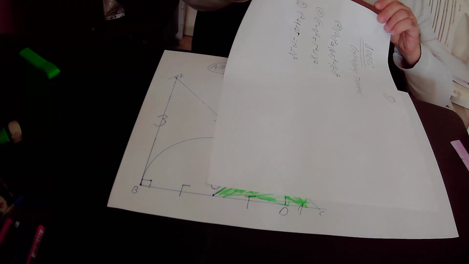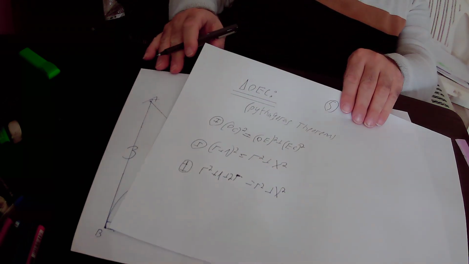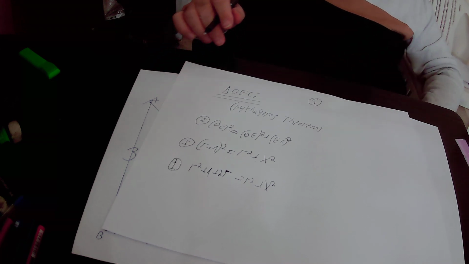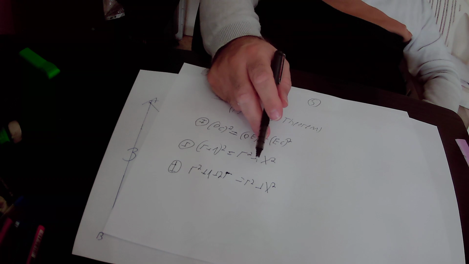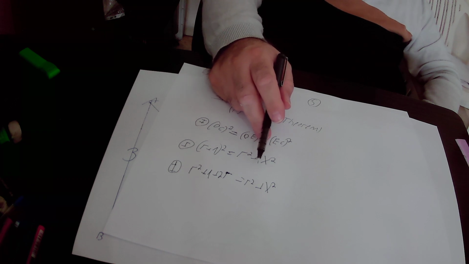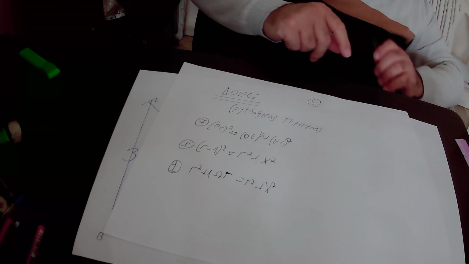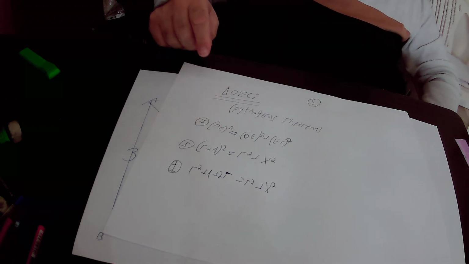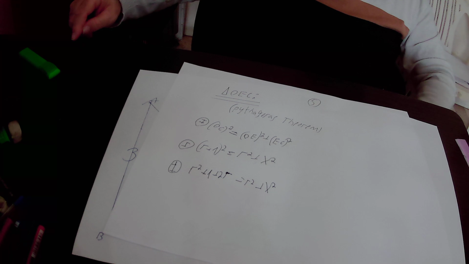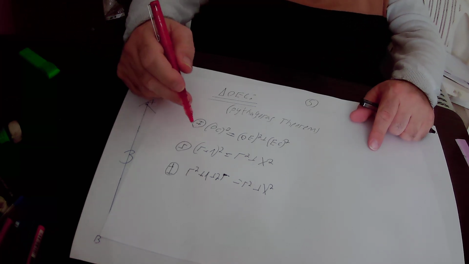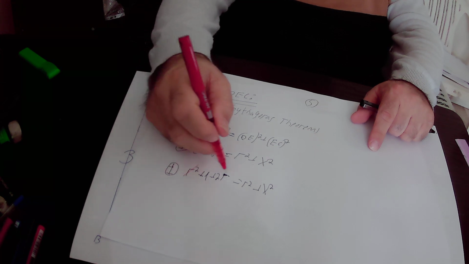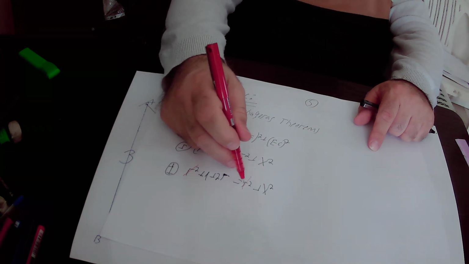So here we have R squared on this side of the equality, and we have R squared on the other side of equation number 1. So we can subtract R squared from equation number 1. Therefore, R squared will get cancelled. And what is left after we cancel R squared?